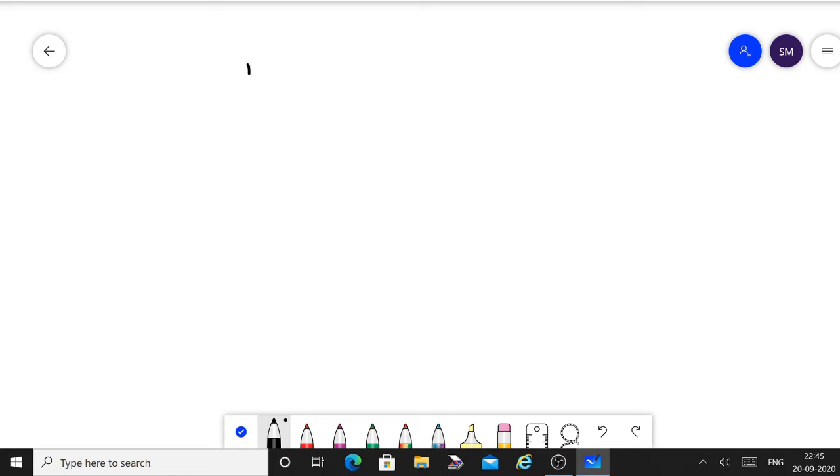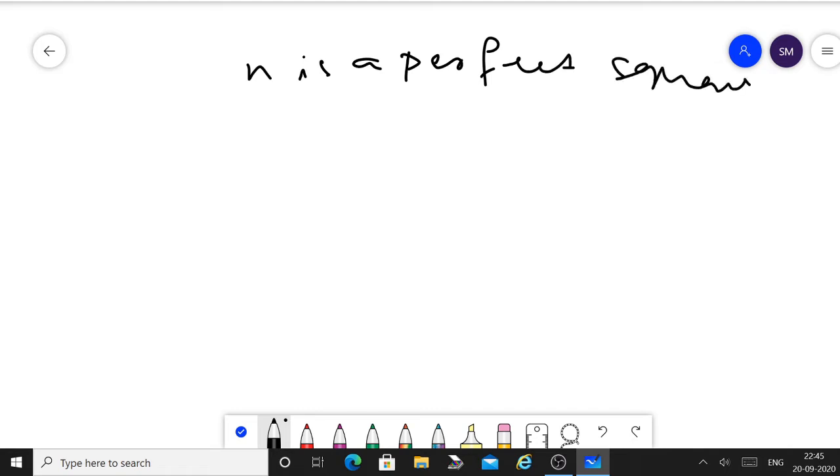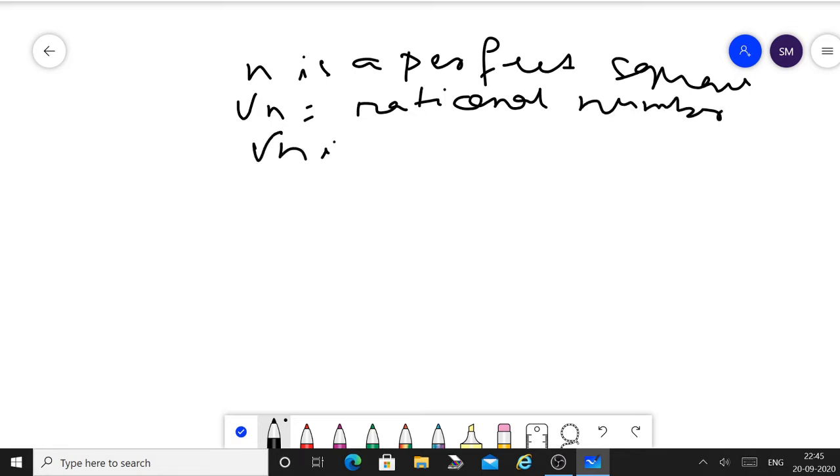When n is a perfect square, root n can be a rational number. Otherwise, root n is an irrational number.